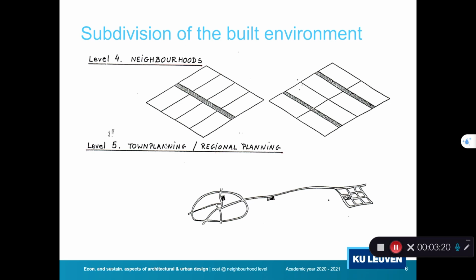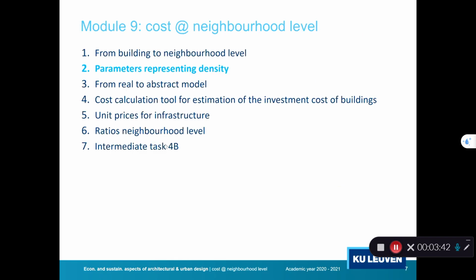And even one scale higher, this neighborhood fits in a larger scale entity like cities, towns and so on. So the same principle of subdividing the built environment in entities is again done here at the neighborhood level. And that's what we're going to do when we estimate the costs.